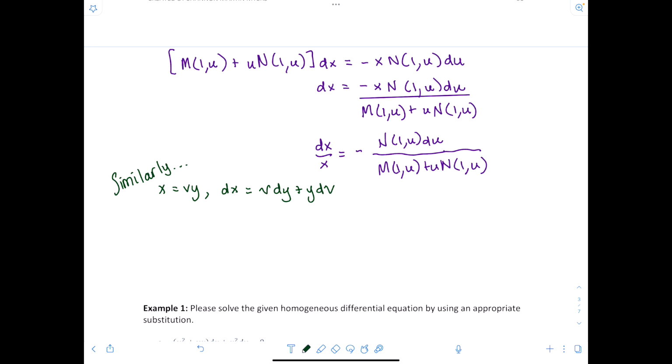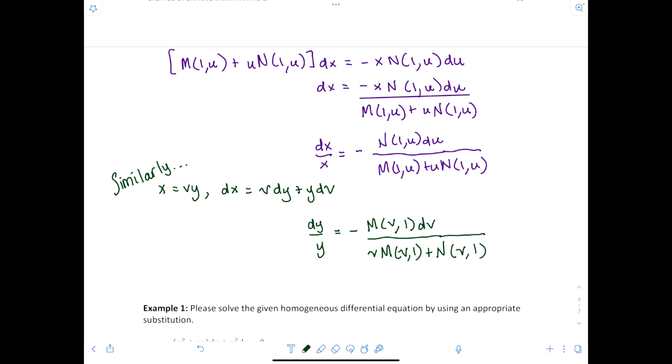Working through it just like before, at the end of the day you would have dy over y equals negative M(v,1) dv over v times M(v,1) plus N(v,1).